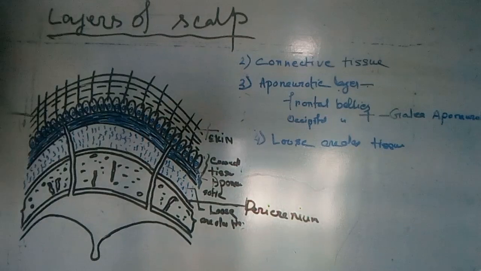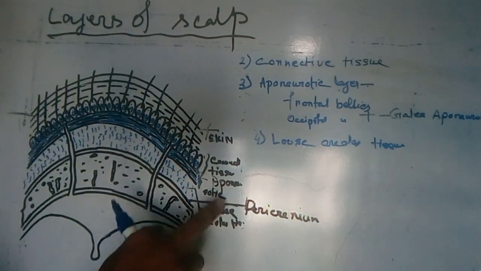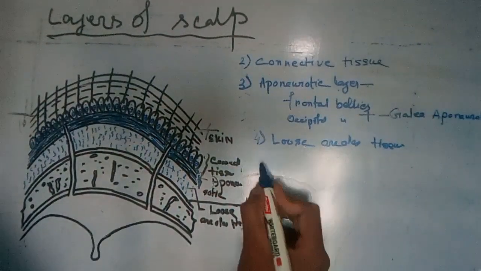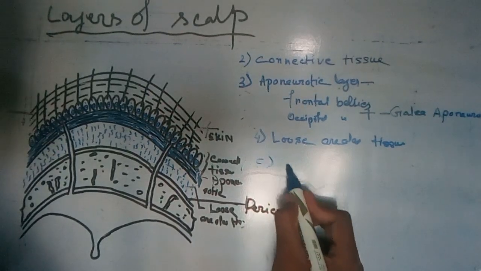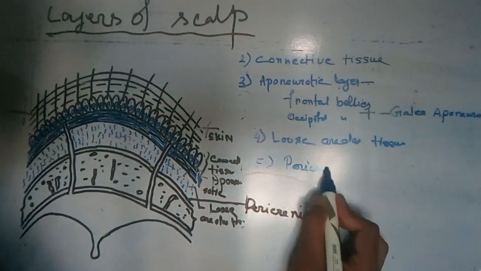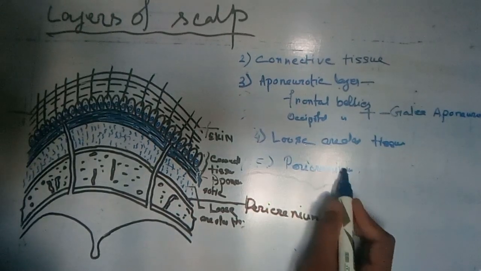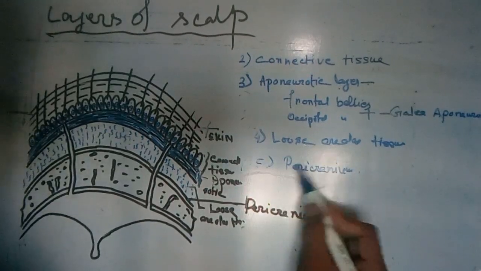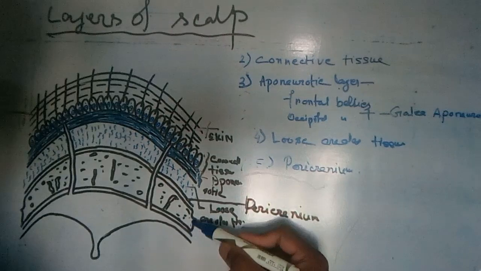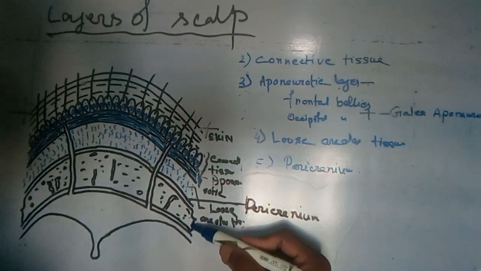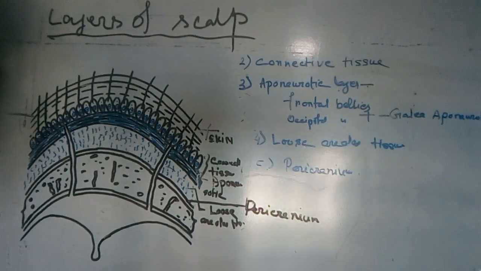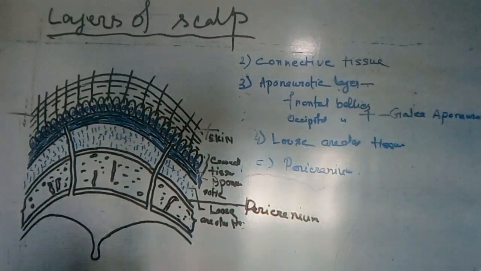Now the last layer, that is the pericranium. This is the fifth layer, and it is loosely attached to the skull.